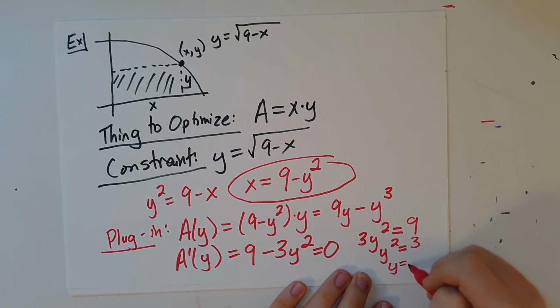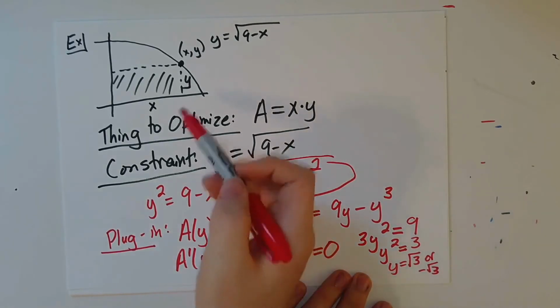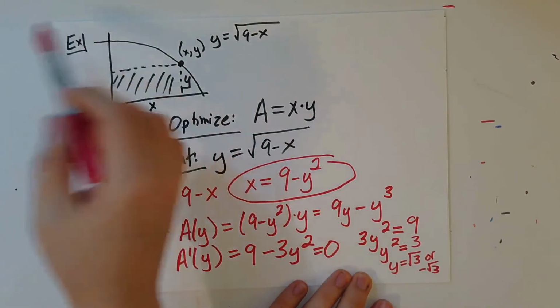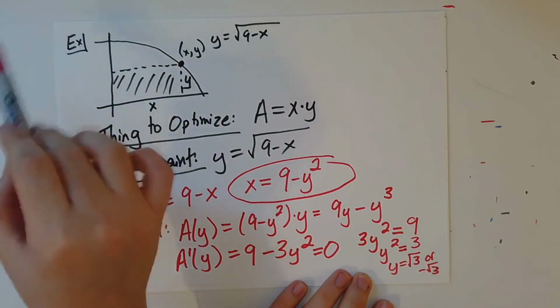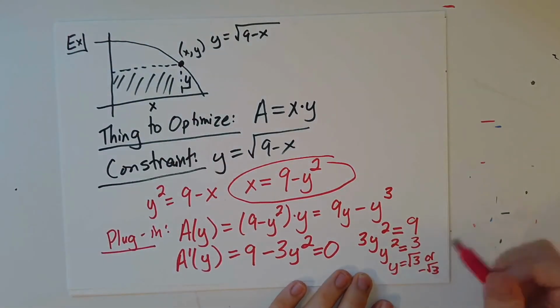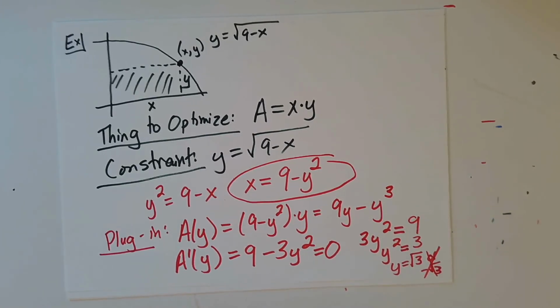So that gives me y equals plus the square root of 3 or minus the square root of 3. But notice every point on this graph has positive y, even though technically maybe I could think about the rectangles over here, although probably then that doesn't really make sense. So I'm going to cross this off, and so I'm going to let y equal square root of 3 be my critical number here.